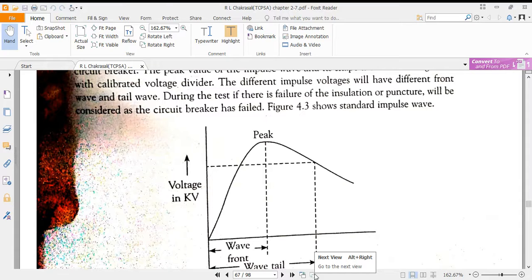During the test, if there is any failure of the insulation or puncture, it will be considered that the circuit breaker has failed. So this impulse voltage test is basically done for finding any faults in the insulation of the circuit breaker. So if it passes the impulse voltage test, then the circuit breaker is okay.